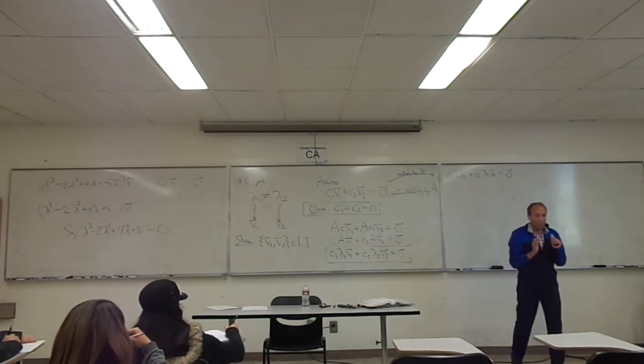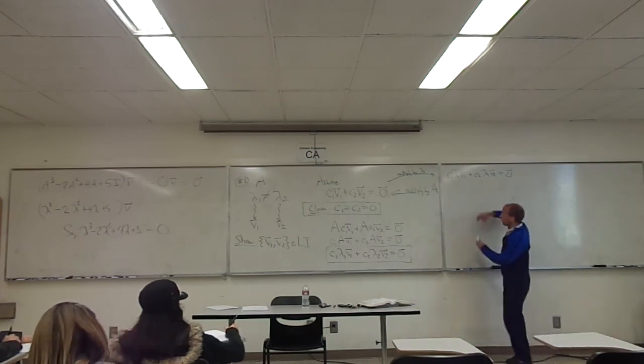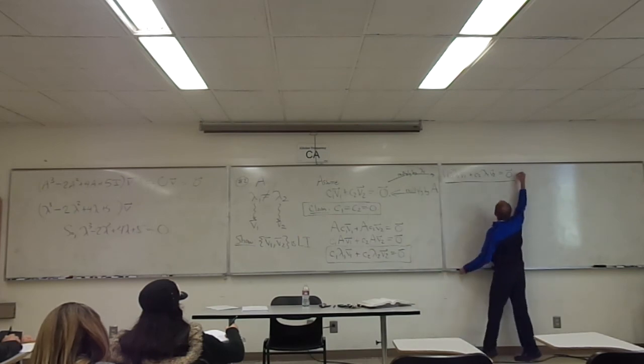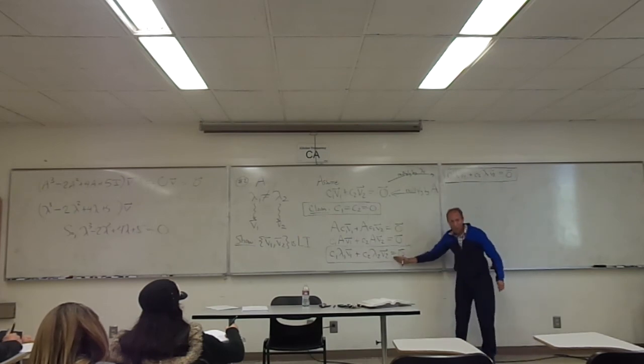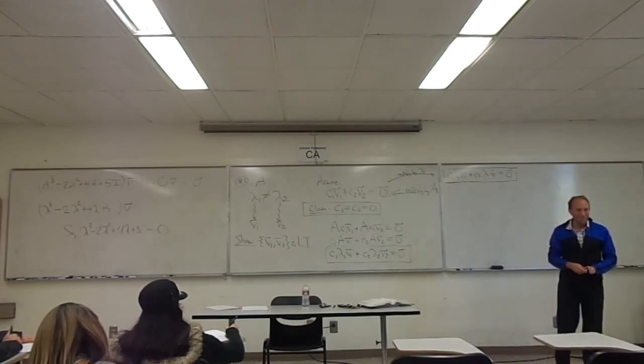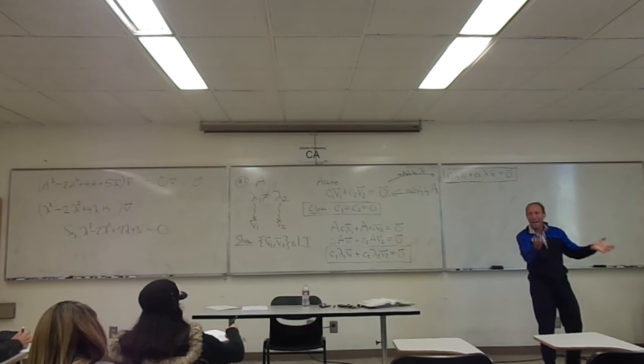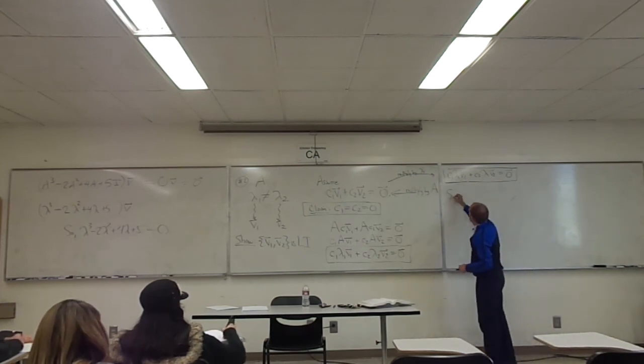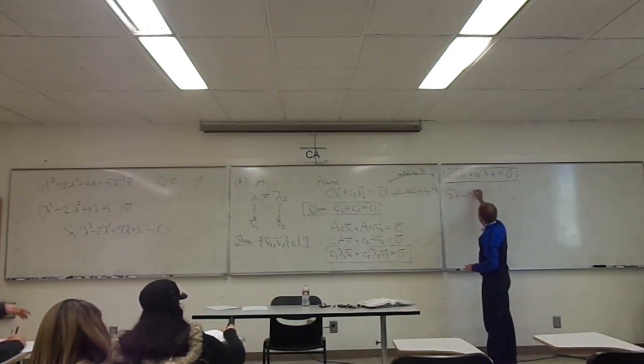All right, Daniel, you said you wanted to get rid of a vector. I would like to get rid of V1. If I have this equation, and I have this equation, I have these two equations, how can I get rid of V1 now? Subtraction, exactly right. Subtract the boxes.